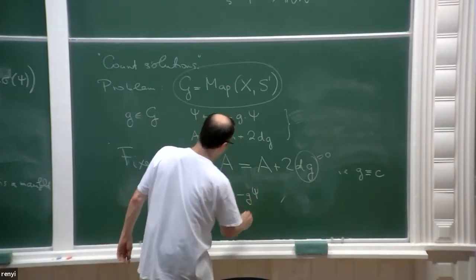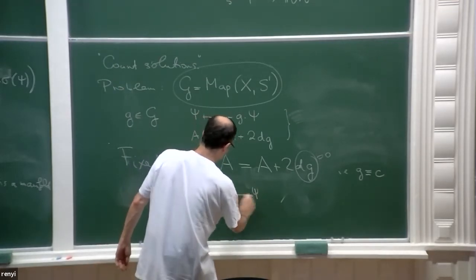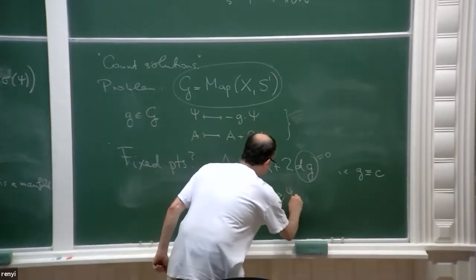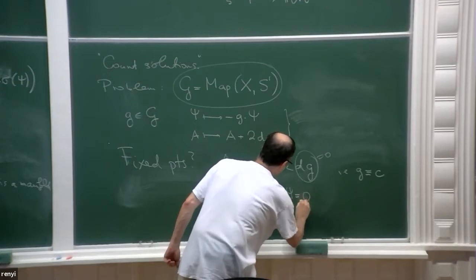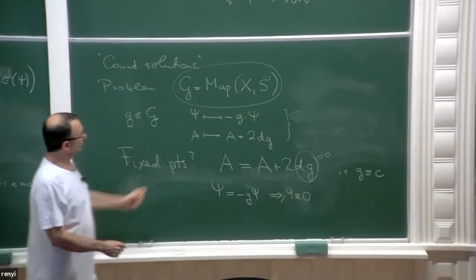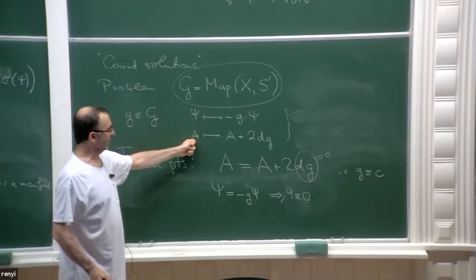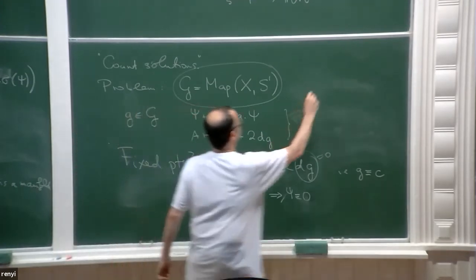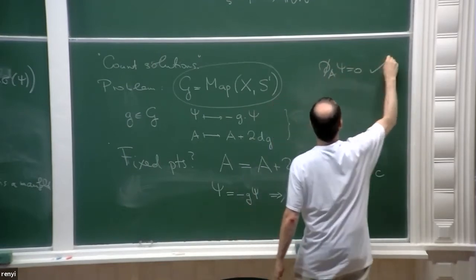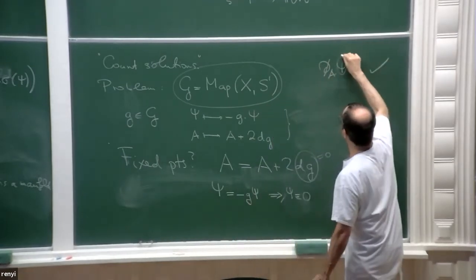says that this will happen if psi is identically 0. So those are the fixed points where psi is 0 and A is something else. In this case, this equation is satisfied automatically because psi is 0.